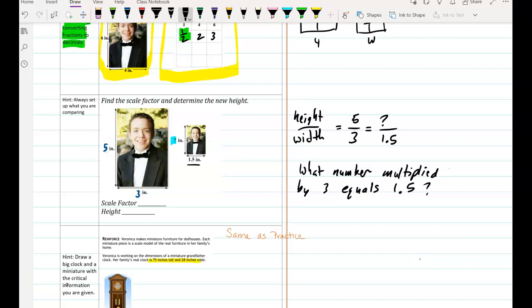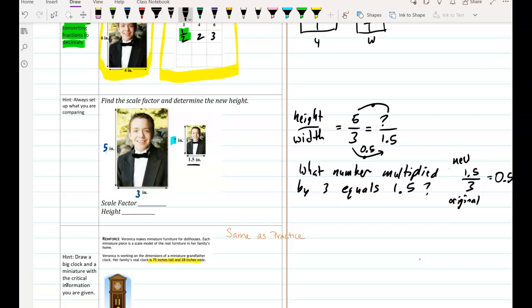To find out what we multiply 3 by to get 1.5, we have to divide 1.5 by 3. Remember, we have to divide the new dimension by the original dimension. And 1.5 divided by 3 on my calculator is 0.5. So 3 times 0.5 is 1.5.